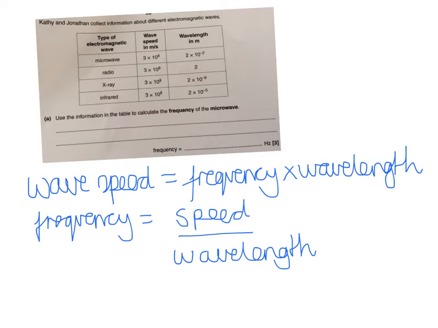But how does that help me when I've got all these funny numbers that say things like 3 times 10 to the power of 8? That's what we need to look at next.